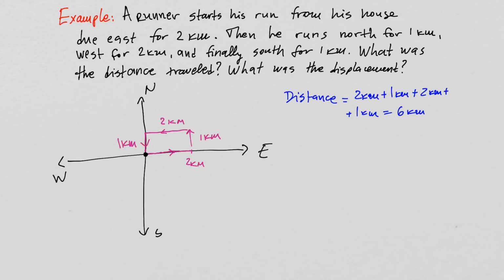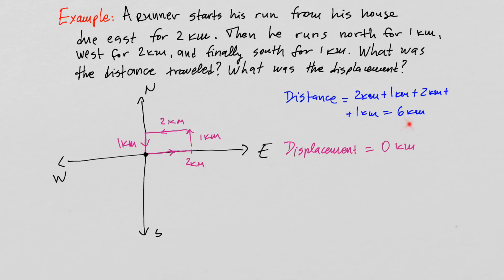So the runner started from the origin, ran around this path, and then came back to the origin. So the initial and final points of the motion coincide. They're on top of each other. Therefore, there is no straight line distance between the two. Therefore, the displacement is simply 0. So the displacement is 0 kilometers.